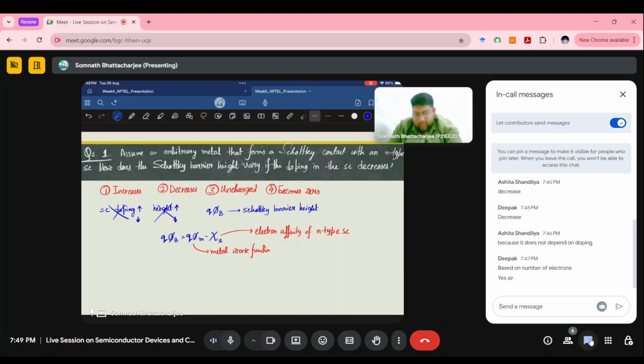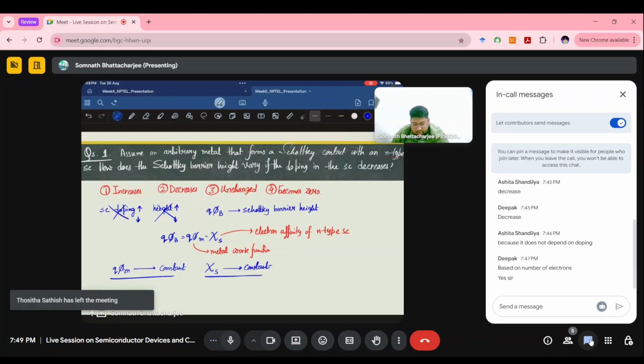Now from this we know that the metal work function is a constant term, right? It doesn't depend on the doping because there is no doping in the metal anyway. And the electron affinity is also a constant term as I have already stated.